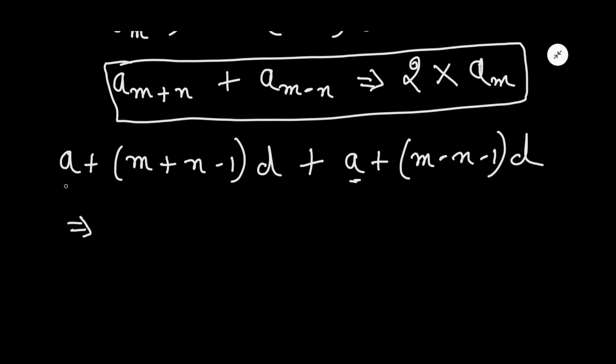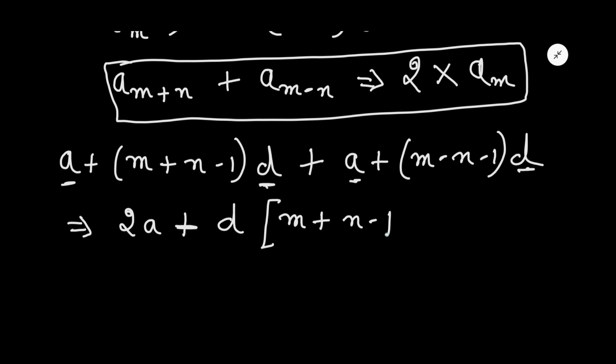So a plus a is 2a, plus, and if we take d as common in these two terms, it will be equal to m plus n minus 1 plus m minus n minus 1.